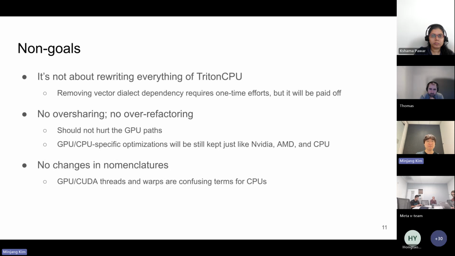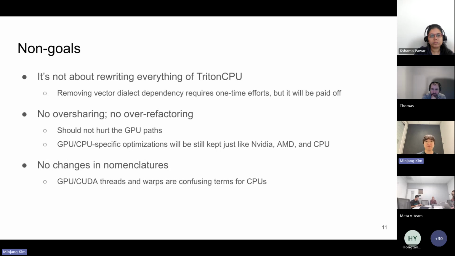This is not my goal. It's not about rewriting everything over Triton CPU. It's more like removing the vector dialect dependency. That is right. We require a one-time effort, but maybe it will pay off in the future. I don't want to overshare and over-refactor.